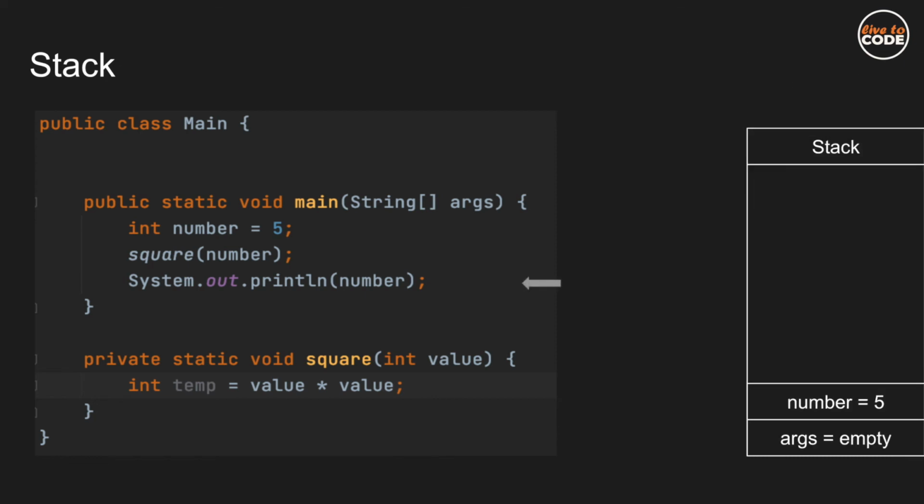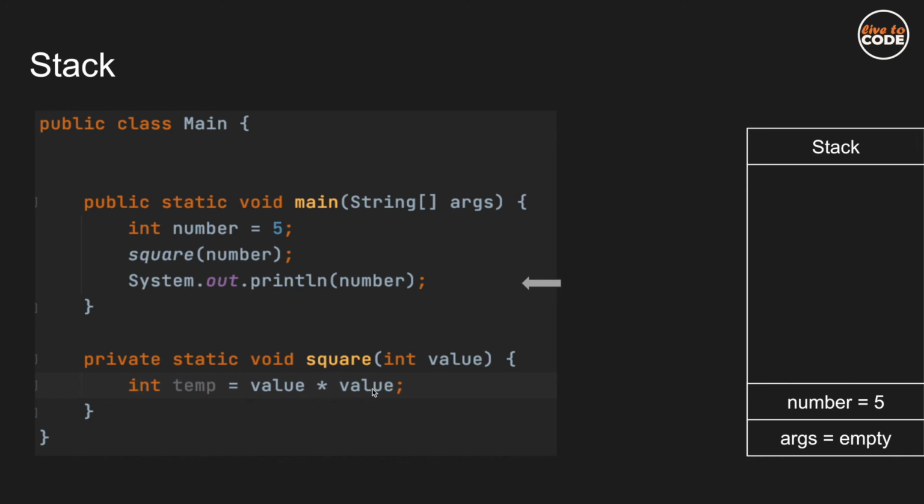Now the control goes to System.out.println. We have entered the main function again, so the number and args variables come back into scope. We can access the number and args variables. System.out.println will print the value of number, which is 5, not 25, because the temp variable is only accessible inside the square function.